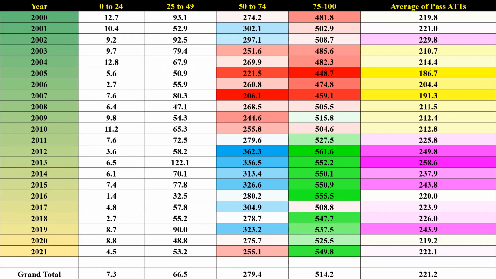Some of the lows were like 2005, 2007, and the highs have been 2013 and 12. So be aware that passing attempts have not really skyrocketed like you might think as a group overall. Just looking at everybody.